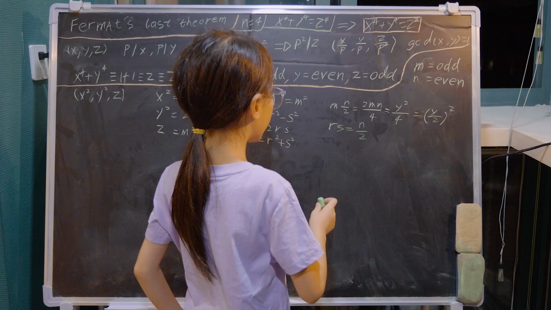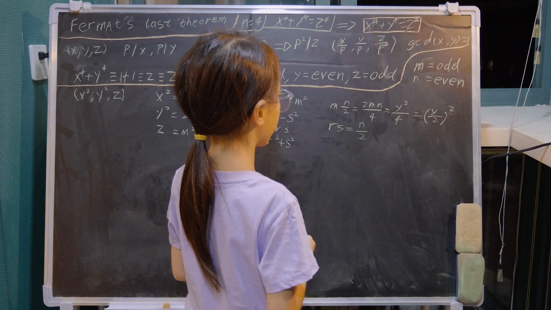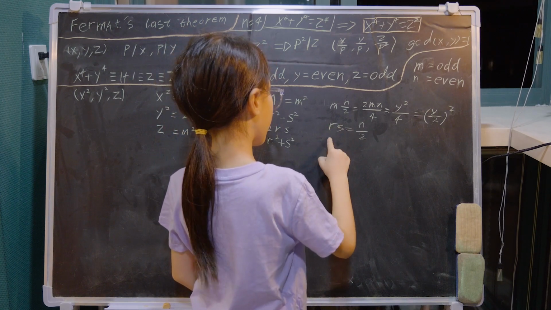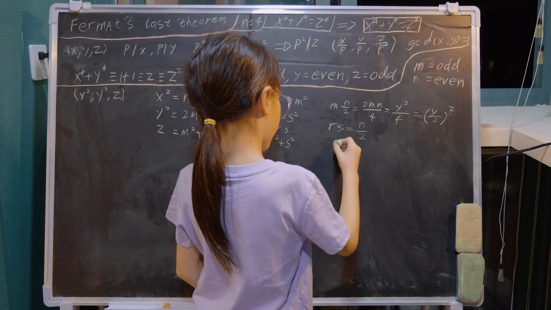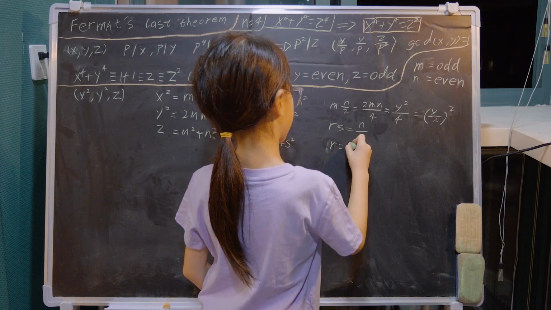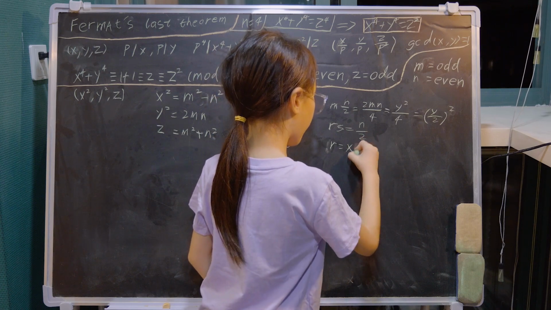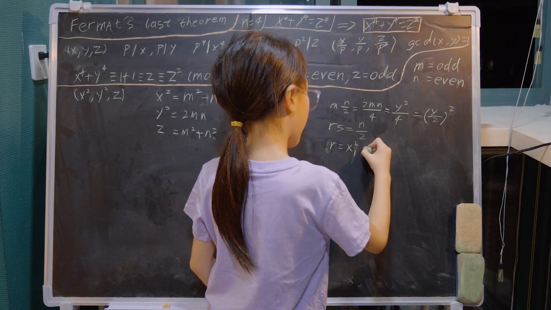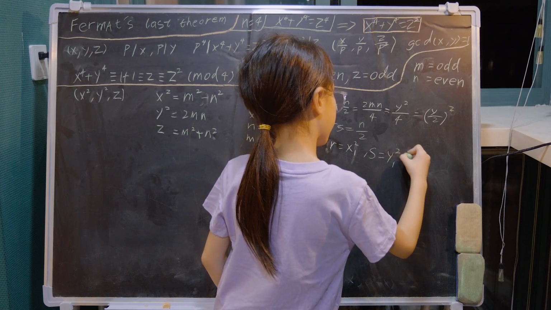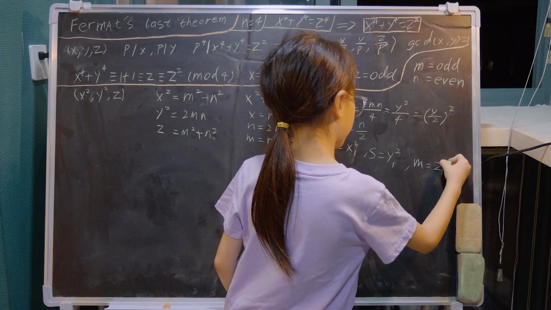And m is a perfect square. So we can set r is equal to x1 squared, s is equal to y1 squared, and m is equal to z1 squared.